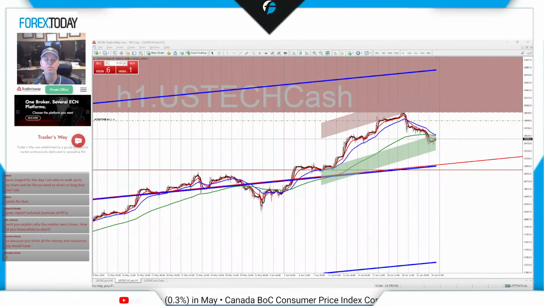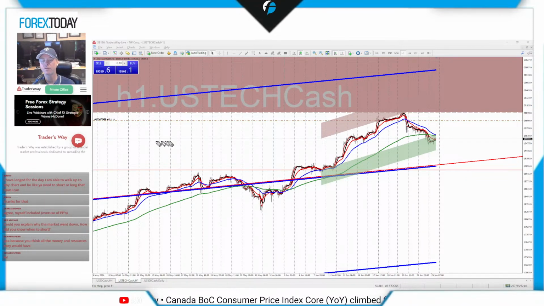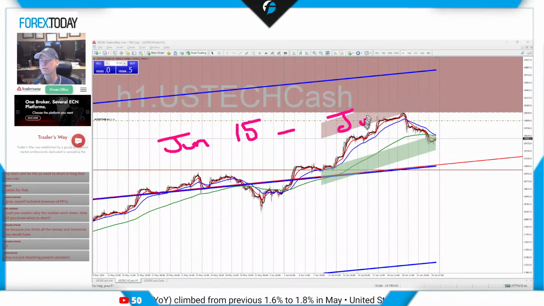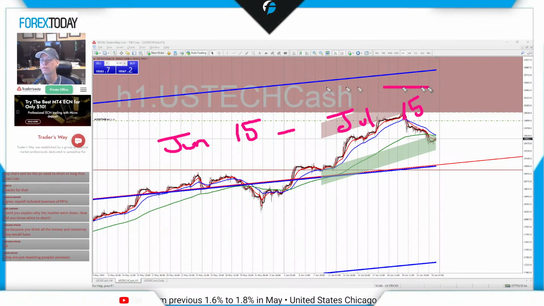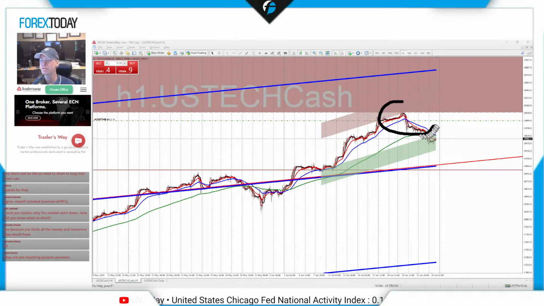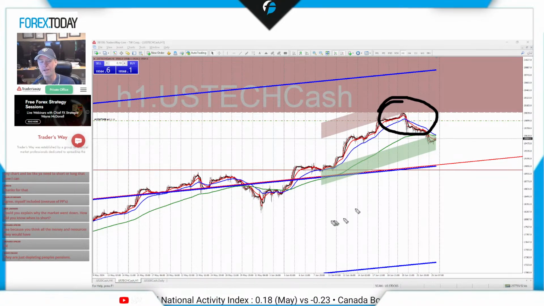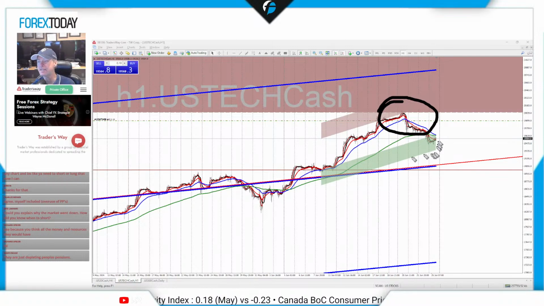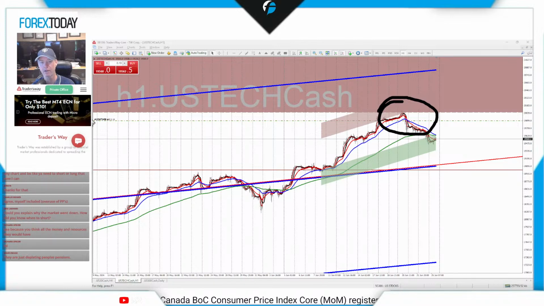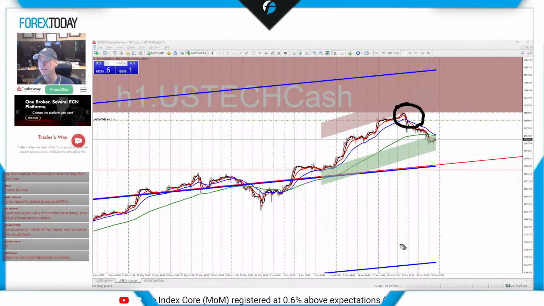Because what I've told you before is that between the middle of June and the middle of July, there's a window in which something like this is extremely likely to occur. Is this the one? I don't know, bro. It could double top. It could head and shoulders. There's a lot of ways this can go down. And this is one of them. Notice I didn't trade it until after the break.